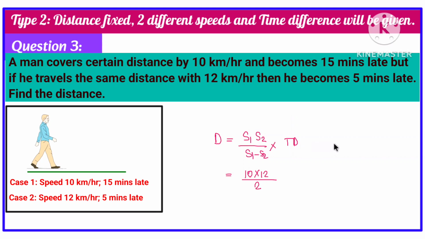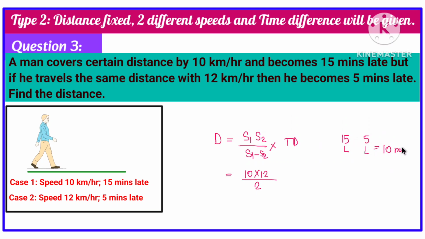So here let us see what is given. In the first case he is 15 minutes late. In the other case he is 5 minutes late. So in both the cases we have late. As we have late in both the cases, we are going to find the difference, or subtract. 15 minus 5 we are getting 10.